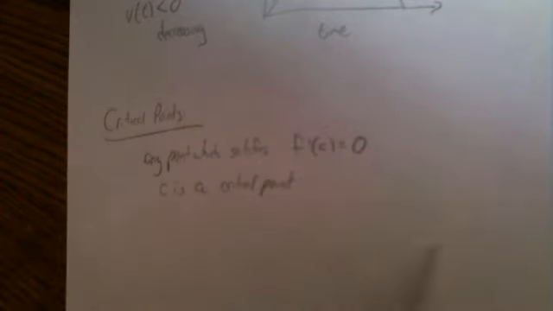So if f prime of c equals 0, that means there is a horizontal tangent line there. So that could be like this, horizontal tangent. It can be like that, horizontal tangent. Just pretend that's touching there. Or it could even be like that, horizontal tangent line.